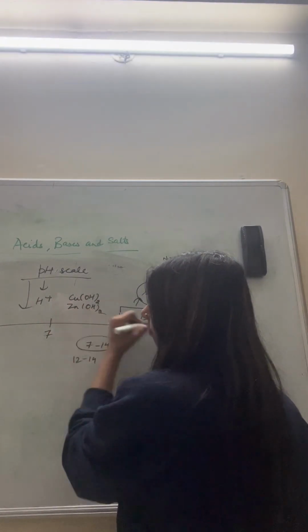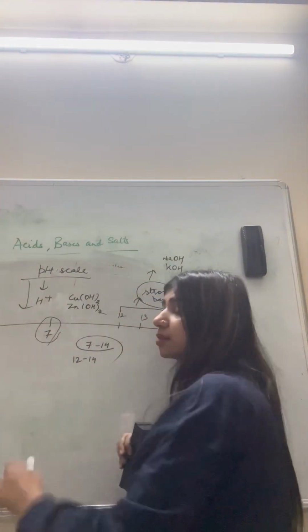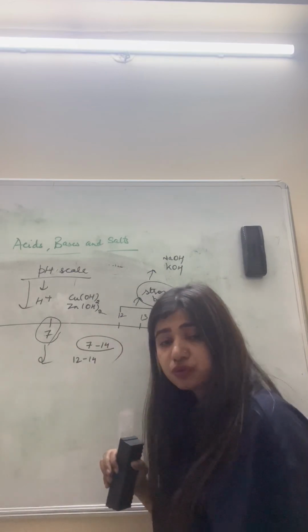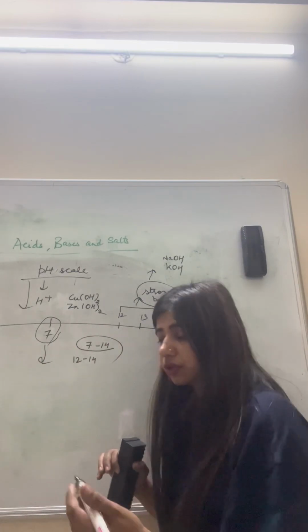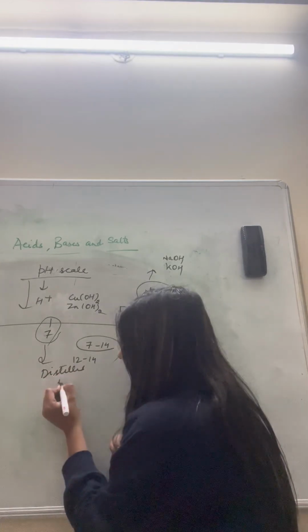Both of them are weak bases. And if any solution has pH of 7, we will say that the solution is neutral, like distilled water.